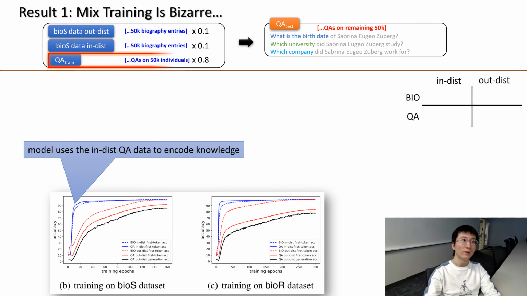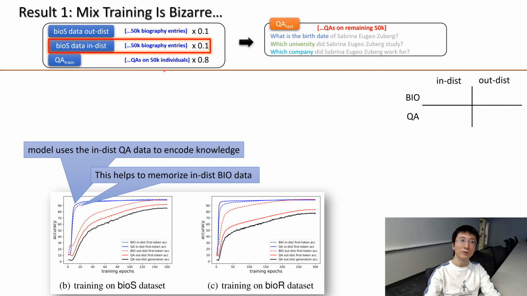It turns out that the model at the very beginning uses the in-distribution QA data to encode knowledge. And this helps the model to memorize the in-distribution bio data, and therefore the in-distribution bio accuracy also quickly rises.